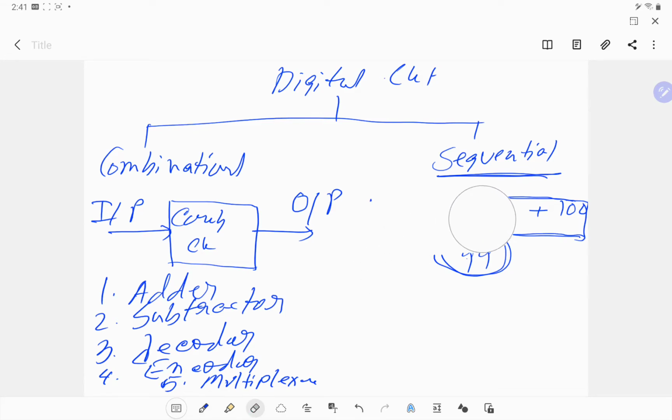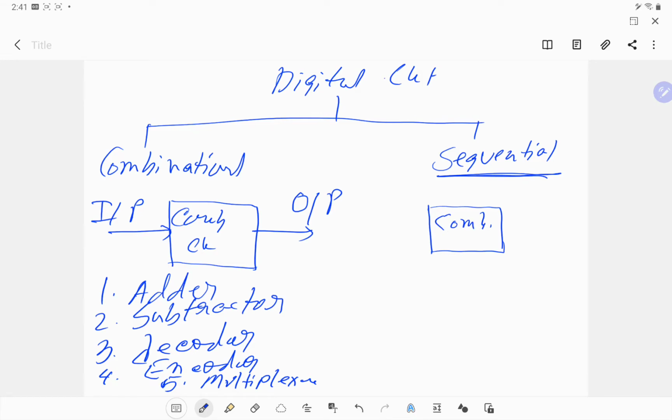A typical block of the sequential design has the combinational block, it has input, it has output, and it has the memory elements.